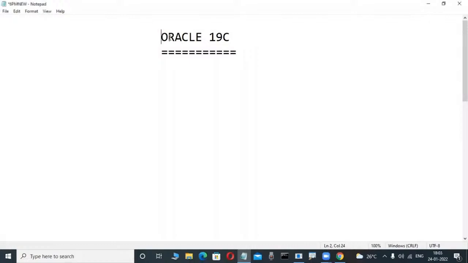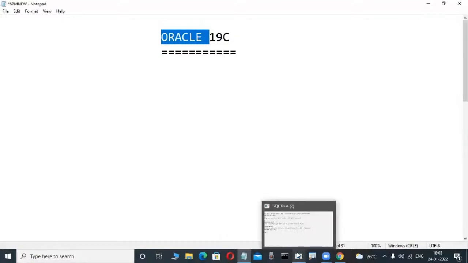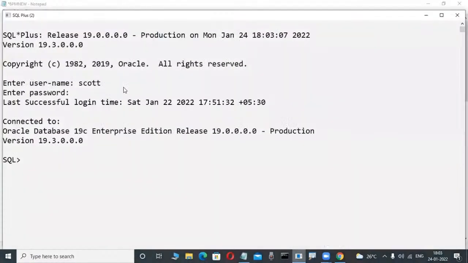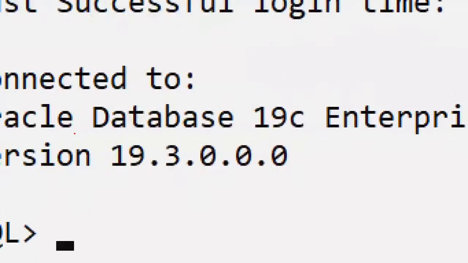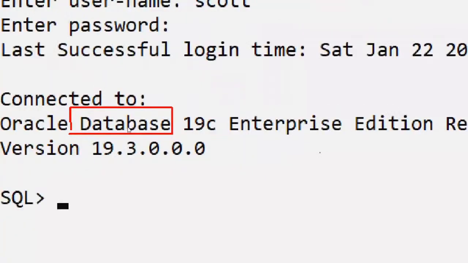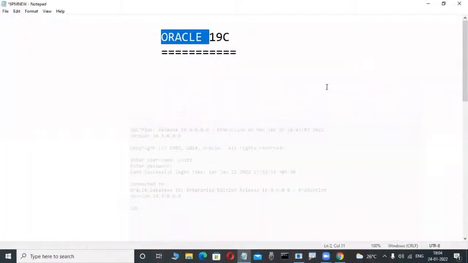Actually, for newcomers in Oracle, concentrate. In the previous demo classes, I told small things. Oracle is a product from Oracle Corporation. What type of product is that? A database product. What is the purpose of database products?